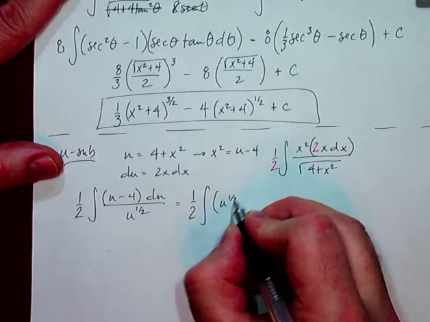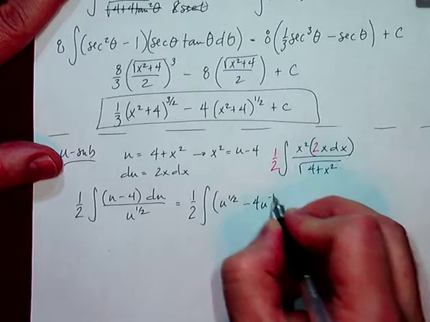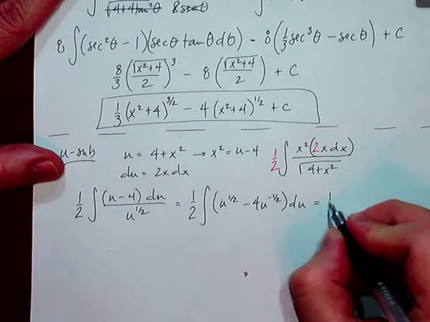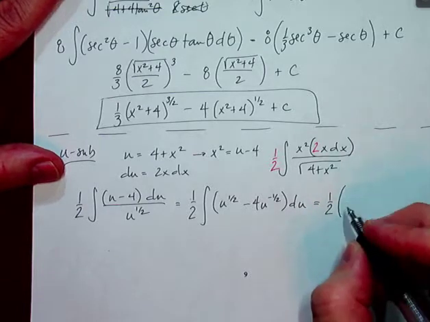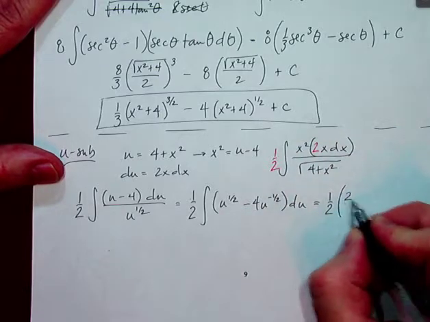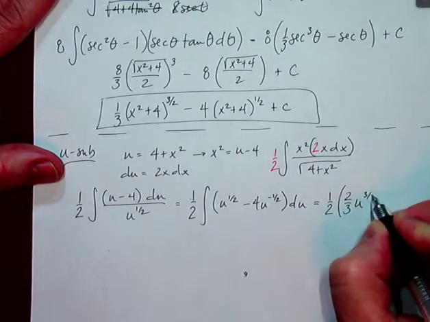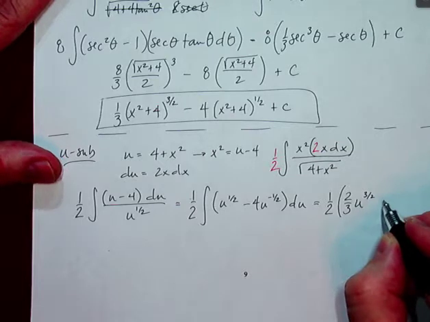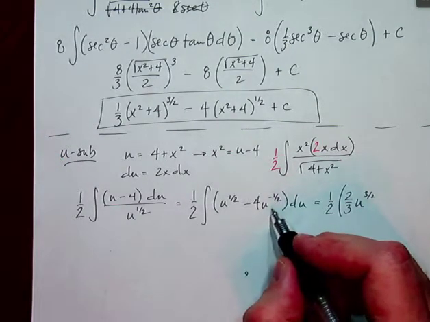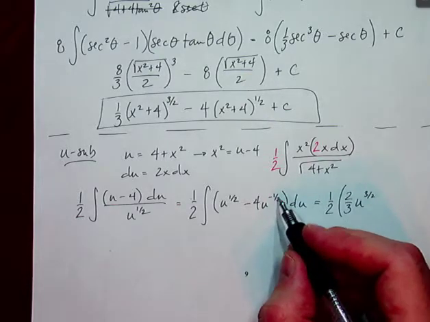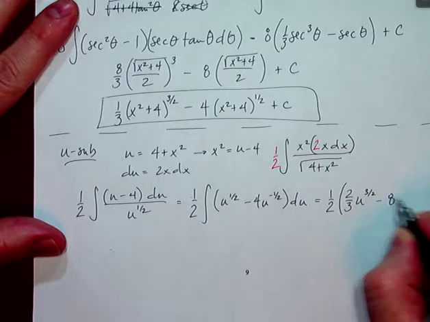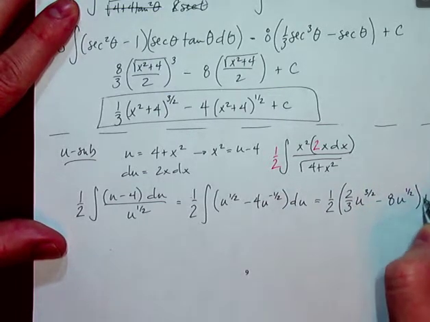That is a monomial denominator. I can simplify. And what I wind up getting is 1/2. And of course, when I integrate u to the 1/2, it becomes u to the 3/2 over 3/2, or 2/3 u to the 3/2. And 4, of course, this u to the negative 1/2 becomes u to the 1/2 over 1/2, or 2u to the 1/2. That 2 combines with that 4 and makes 8u to the 1/2 plus c.